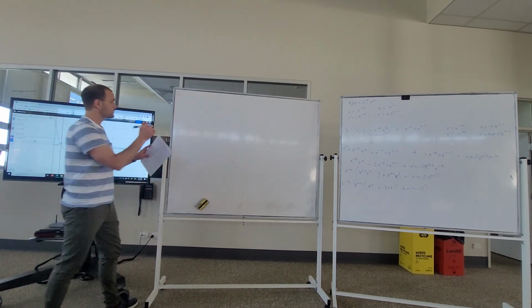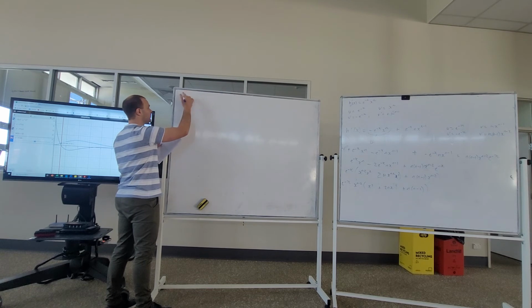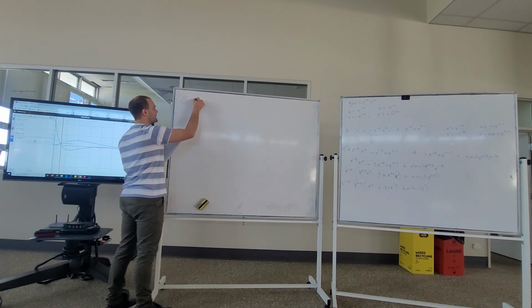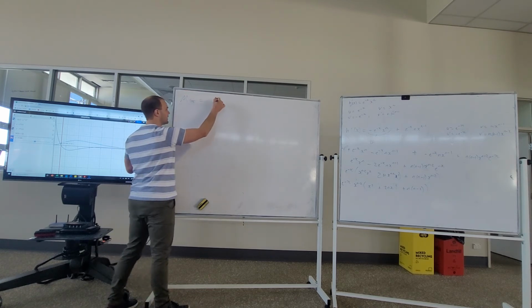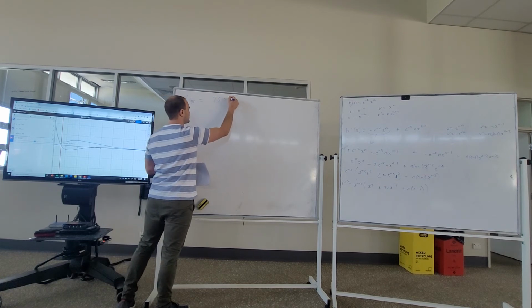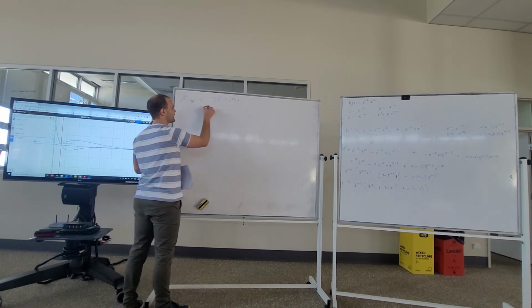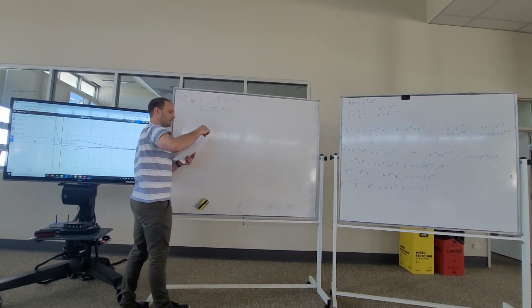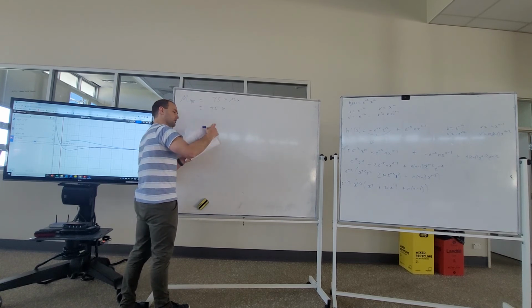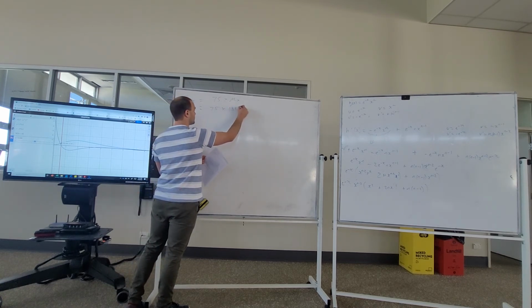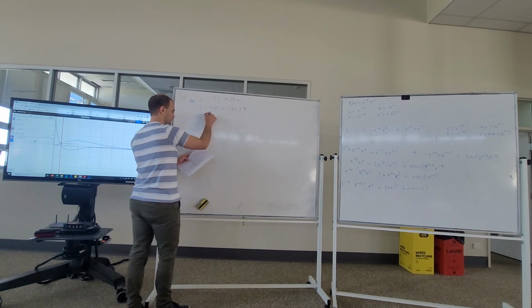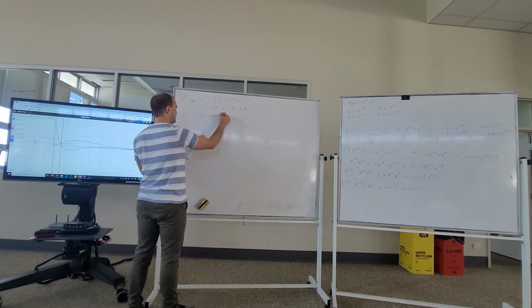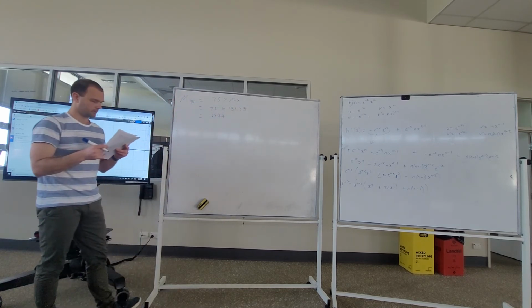All right, so for S75, the mean of S75 is equal to 75 times the mean of X, which is 75 times, and what's our mean? 131.25, which equals 9,844.